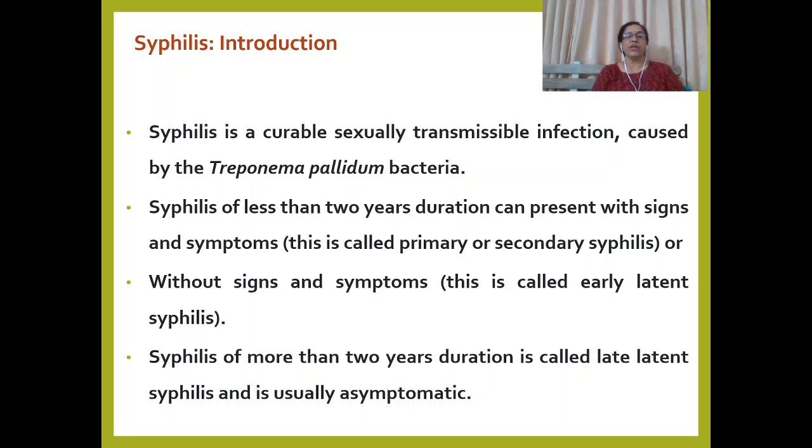Syphilis of more than 2 years duration is called late latent syphilis, and it is usually asymptomatic. That is, one cannot observe symptoms during this stage, but organisms are present in the body of a patient. That is late or latent syphilis.